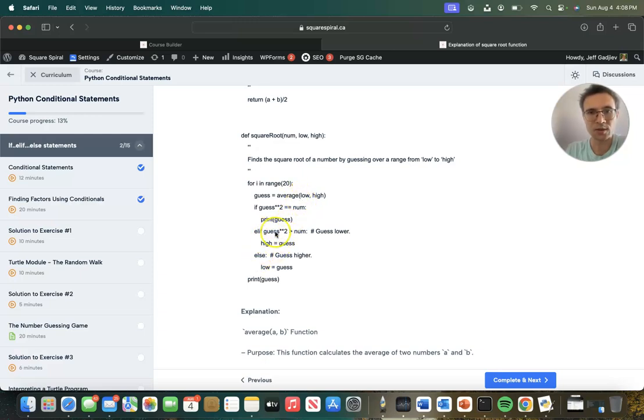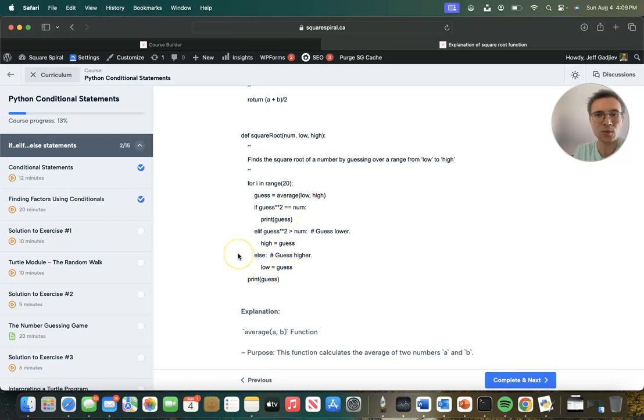Let's say guess squared is actually larger than the number, then high is now going to be the guess value, whatever the person guessed originally. And in the other case, if the guess squared was less than the number, then low is now going to be the guess value.